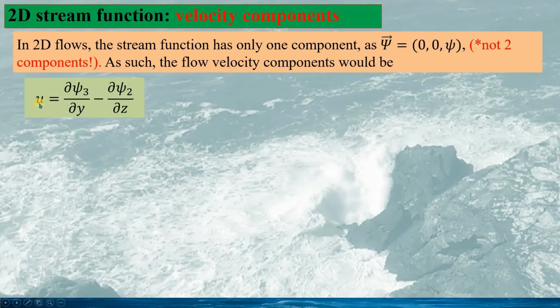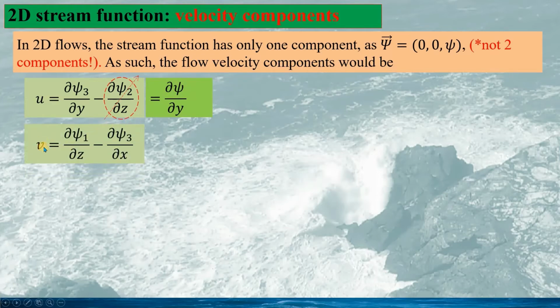The velocity component u would be given by the stream function component, but in the 2D case, psi2 would be 0. Therefore, we have the expression for velocity component u using the stream function component psi.